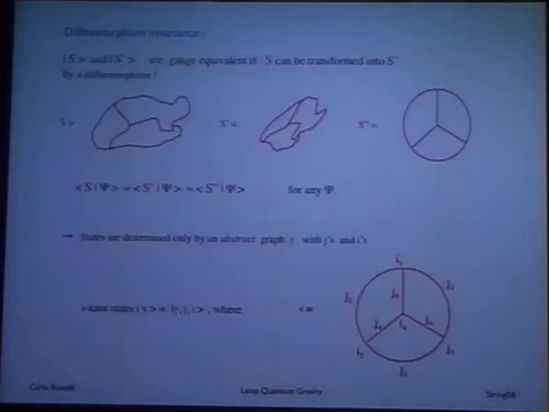And why? Because of diffeomorphism invariance. Here is where diffeomorphism invariance comes into play. So take one of these spin network states and deform it. Now, if the theory is diffeomorphism invariant, these are gauge equivalent descriptions of the same thing. These two states are related to one another by a diffeomorphism, like two metrics obtained by smoothly deforming one into another, and they represent the same physics.